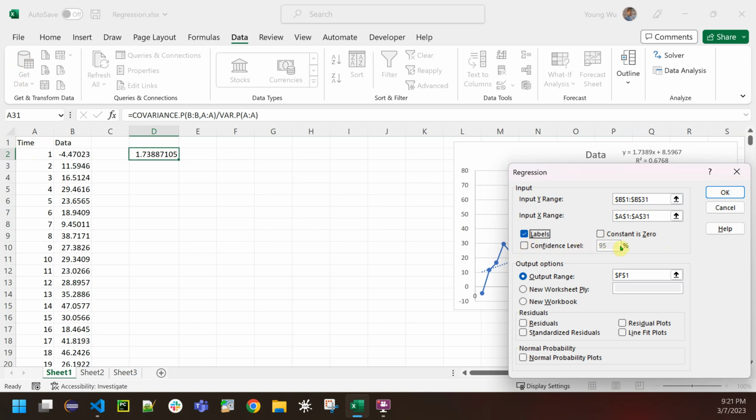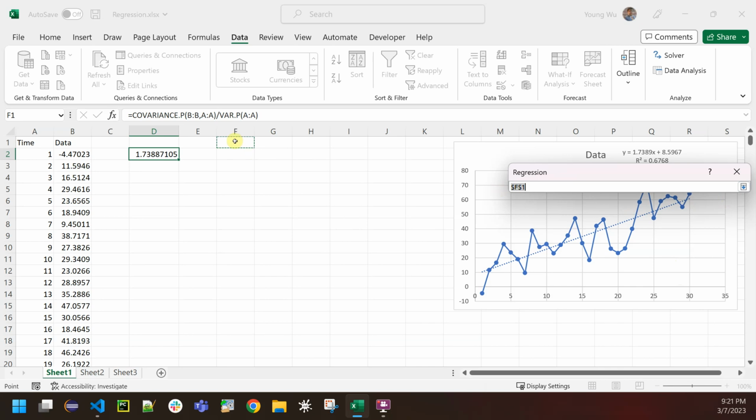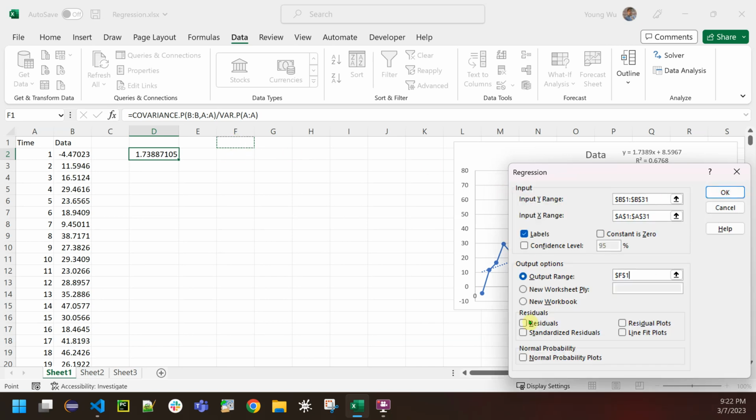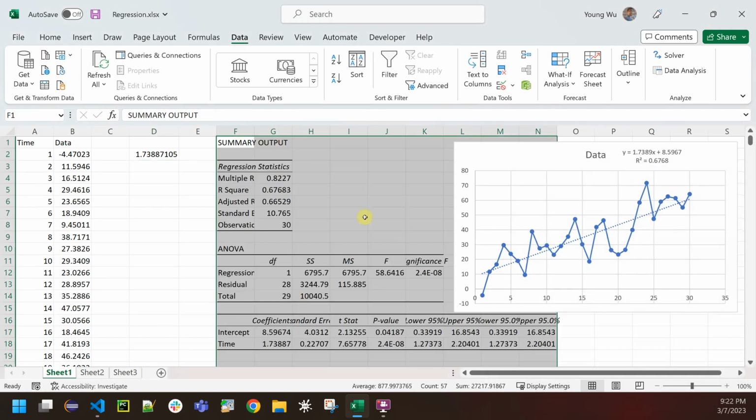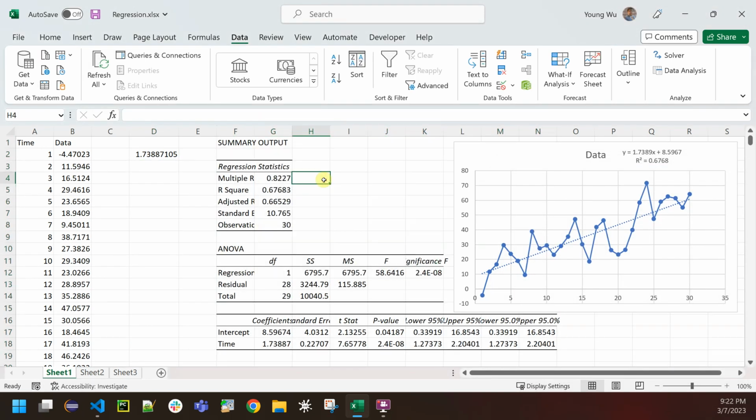The confidence level, you can leave it at 95%. It's kind of standard. So you can output it in any region where it's blank. And we don't really need these stats, so I'll not check all of them. Click OK. So here is the output.